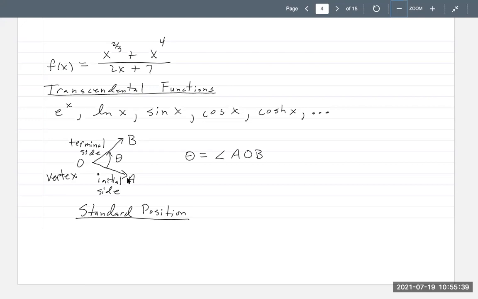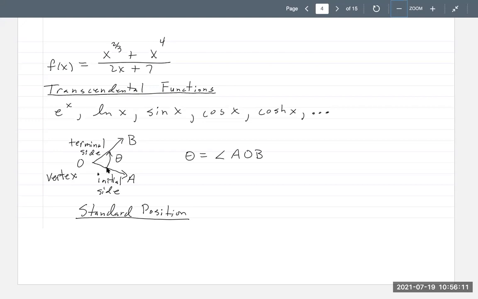So two rays emanate from the same point, called the vertex. I will call one of these rays the initial side and the other ray the terminal side. Let's suppose that ray A is my initial side, and the ray B is my terminal side.